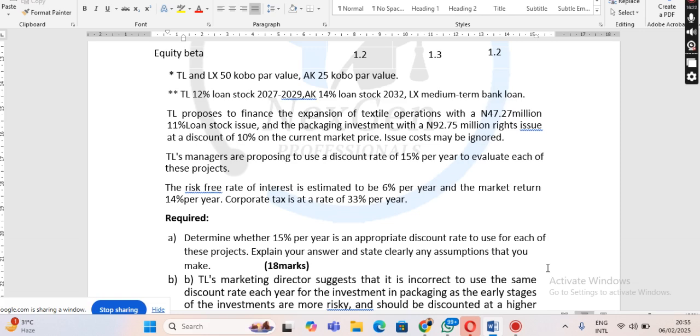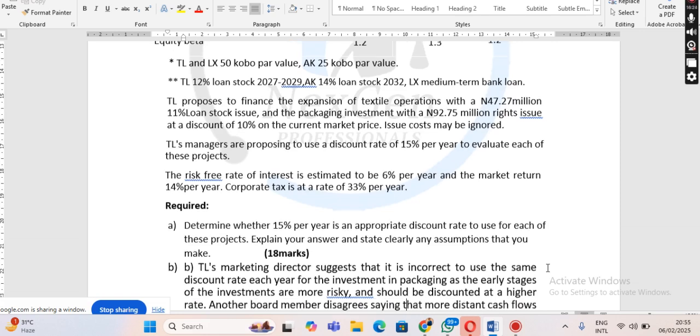Now, don't forget that I said you can state your assumption, right? When you want to answer this question, you could say the view of the managing director or the managers is actually wrong, by using the 15% as the appropriate discount rate to discount the project.